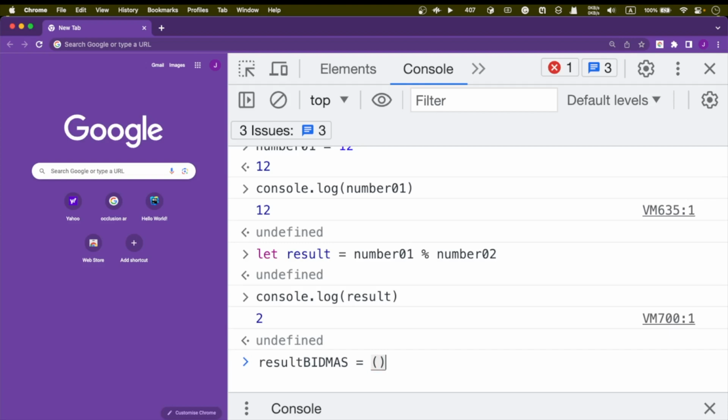Okay, so let me just give you some bracket, 1 plus 2, and raised to the power of say 3, and then subtract 4 from it, and then divide it by 2.